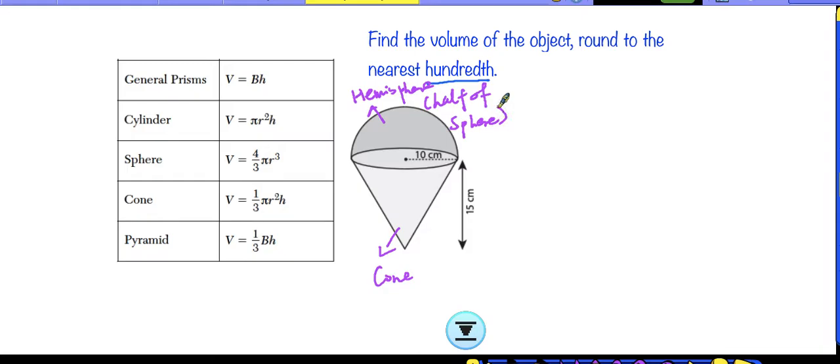Okay, so with these two pieces, we just choose the right formula to figure it out. So the top one is a hemisphere. When you write down the index on the bottom, you can remind yourself what volume we're working on. This is a hemisphere, so which one are we going to work on? This one, sphere.